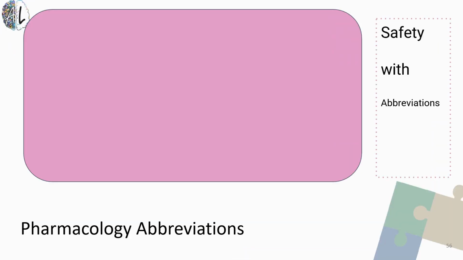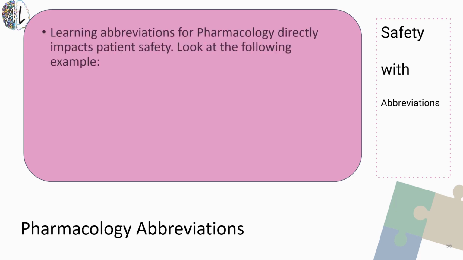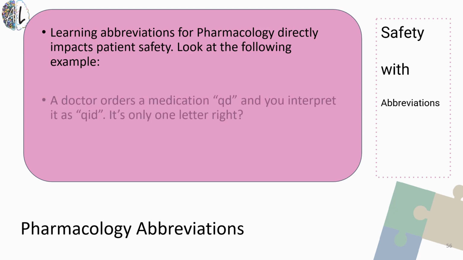All right, one of the reasons we have particular abbreviations is really safety with medications. And so learning abbreviations appropriately for pharmacology impacts your patients. So really, when we have two different types of abbreviations, one is QD and one is QID, you're thinking this is just really one letter difference, but it's a huge difference to your patient.